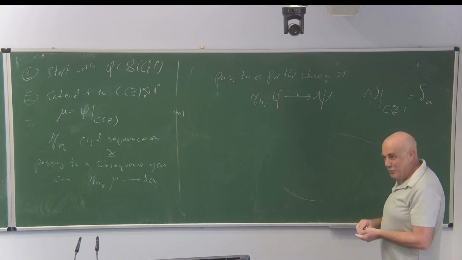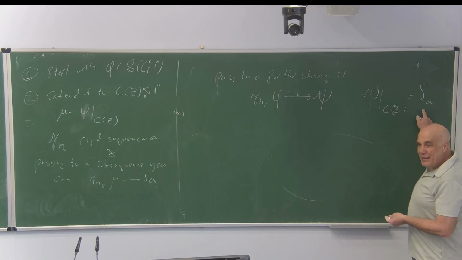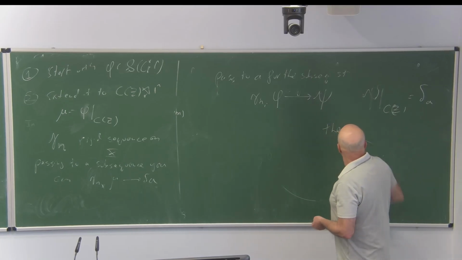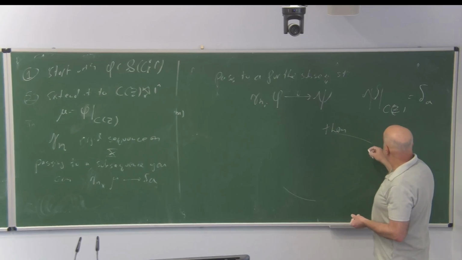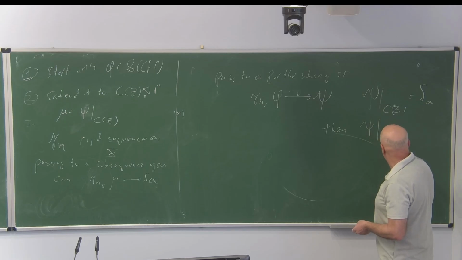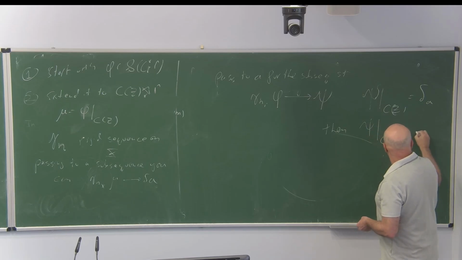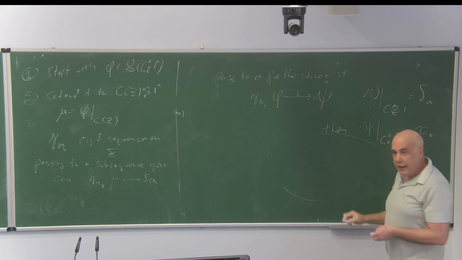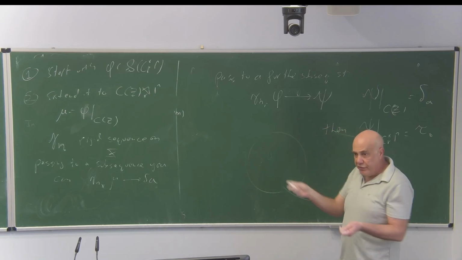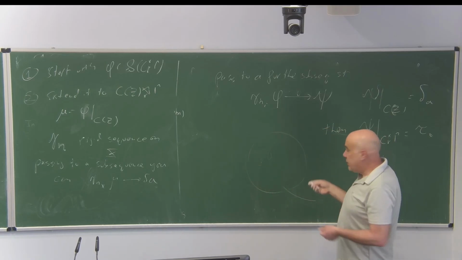It's just almost free. But assume for a minute that the action is free, then psi restricted to the reduced C-star algebra is actually the canonical trace. And the argument is a beautiful one involving the multiplicative domain.